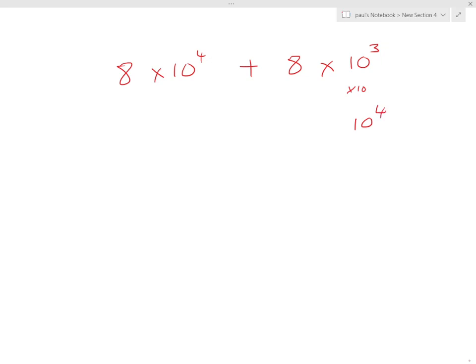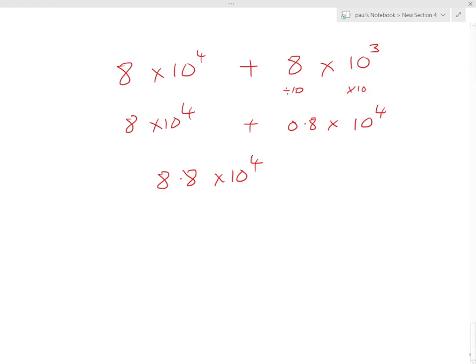So I've got to make that 10 times smaller, so 0.8 times 10 to the 4, plus 8 times 10 to the 4. Now they're the same. So 8 plus 0.8 is 8.8 times 10 to the 4. Make them the same as each other.